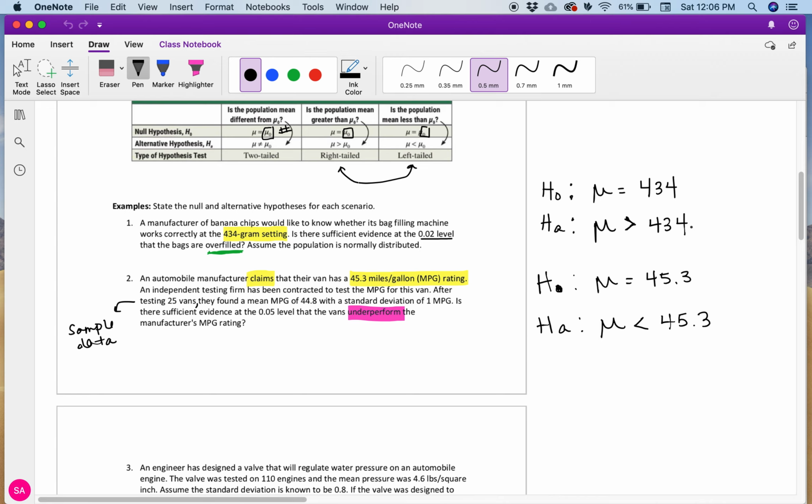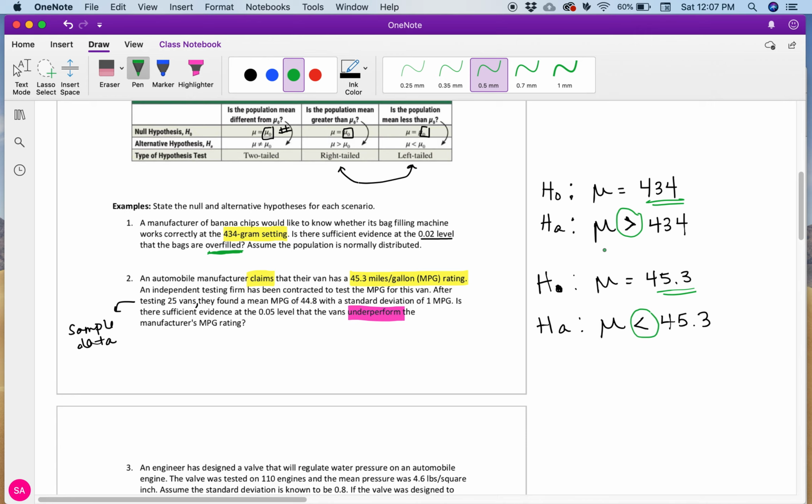Now notice these numbers are the same. They don't change between the null and alternative. What's changing is really the sign in the middle. This is what you've got to figure out. Once you figure out the actual number to pull out of the problem, you have to decide which operator to use for the alternative.